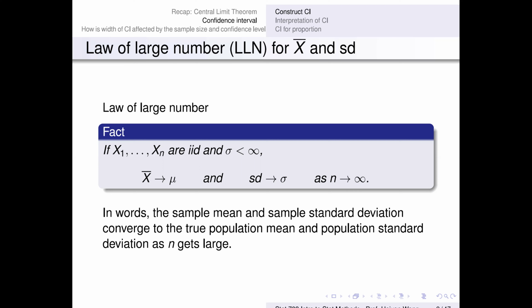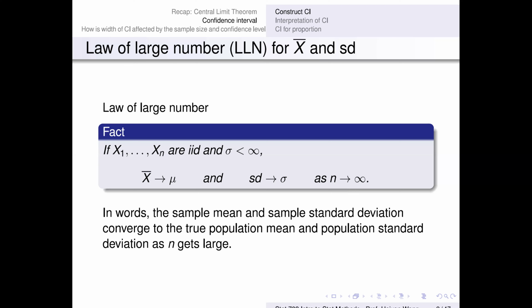And if the standard deviation is a finite number, then we know for sure that the average from the computed sample would approach the true population mean, even though we do not know it. And the standard deviation computed from the sample will approach the population standard deviation if the sample size gets large.